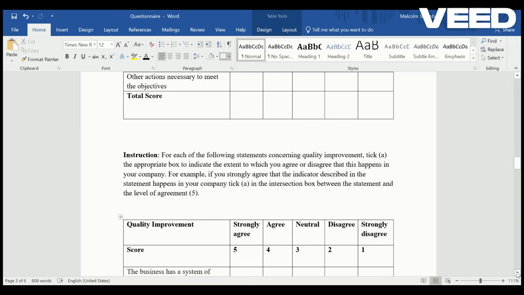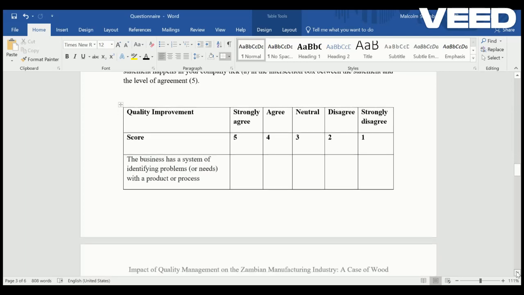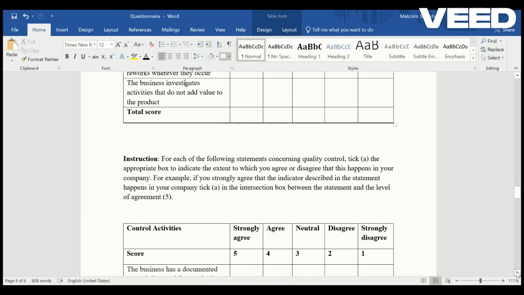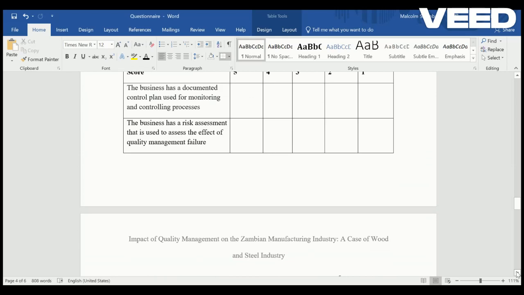And don't forget, always give instructions on each part of the questionnaire. So these are details of the independent variable. It was all about the independent variable. I looked also at the controls of the independent variable.